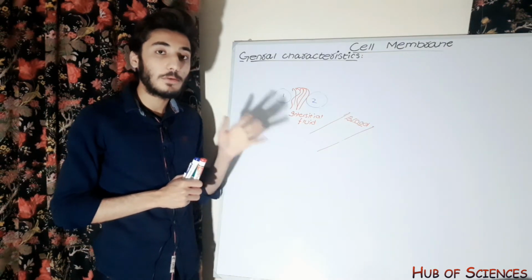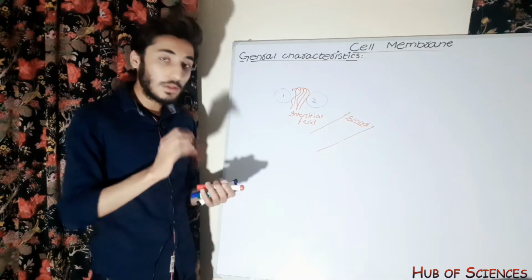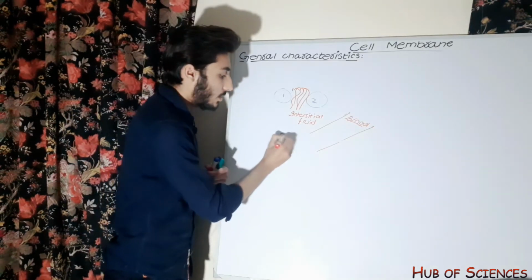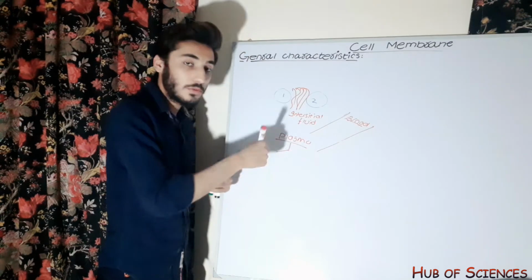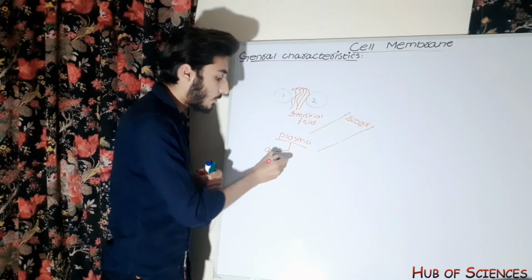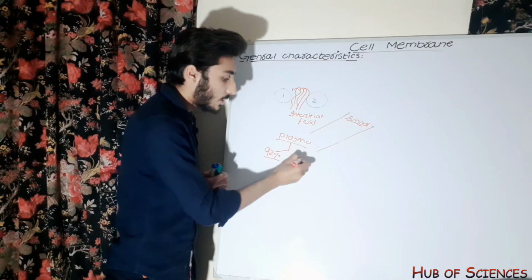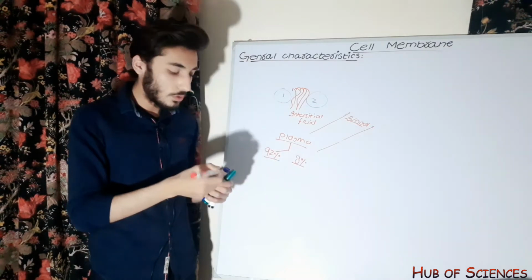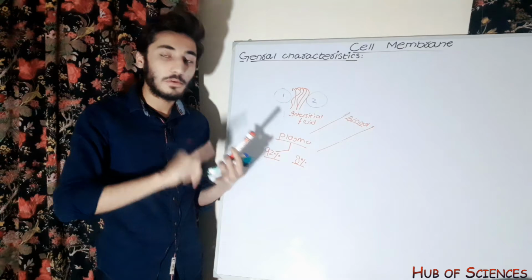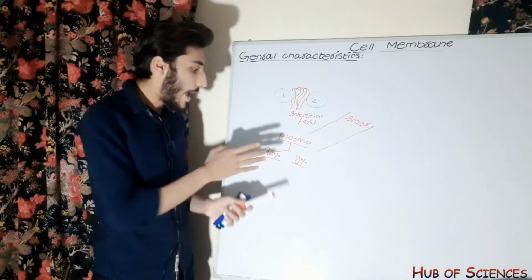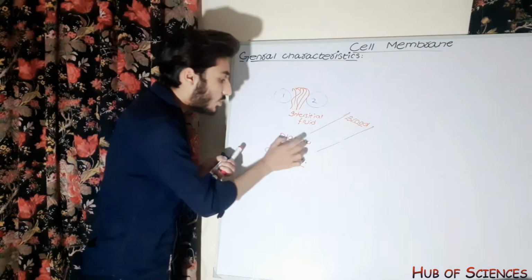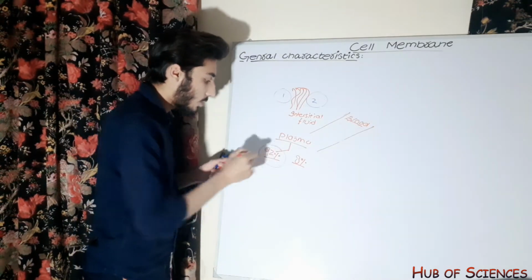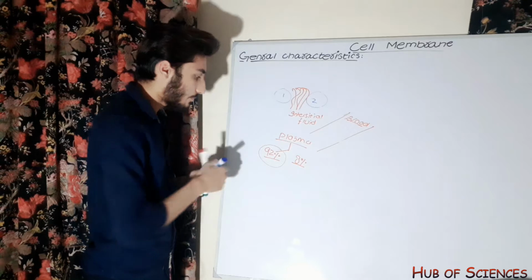Plasma is made up of 92% water, while the remaining 8% is plasma protein, like albumin, fibrinogen, globulin, and minerals. So the main constituent of the plasma is water.